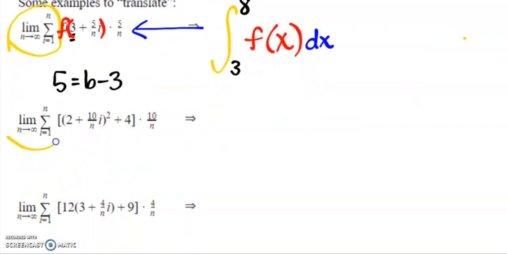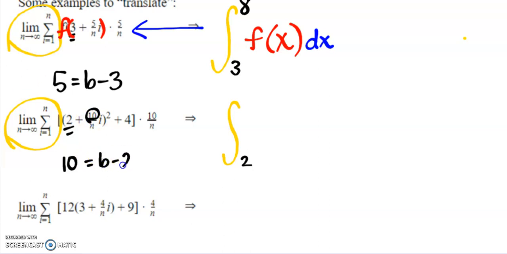So this limit as n goes to infinity says, hey, sum up an infinite number of rectangles from 2. Well, I know that 10 is equal to b minus a, so b is going to be equal to 12. This time, my function is no longer f of x.